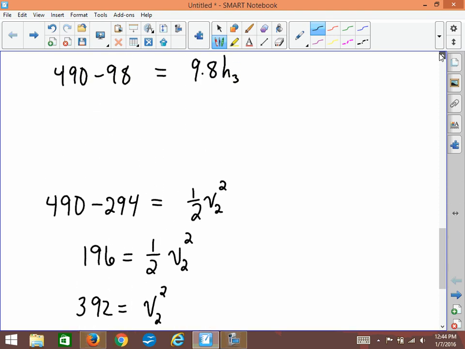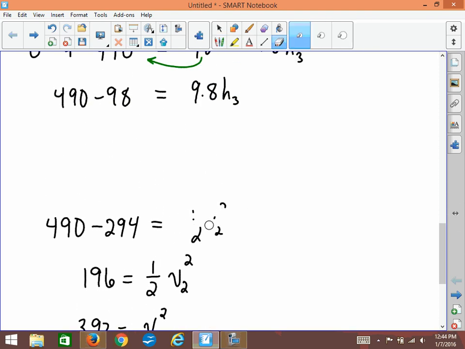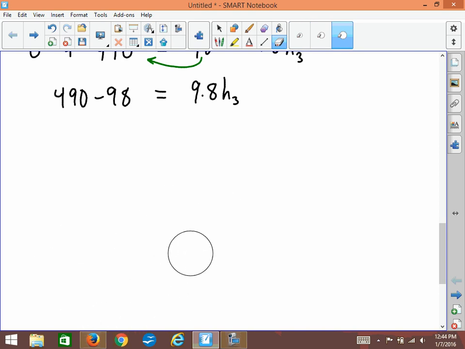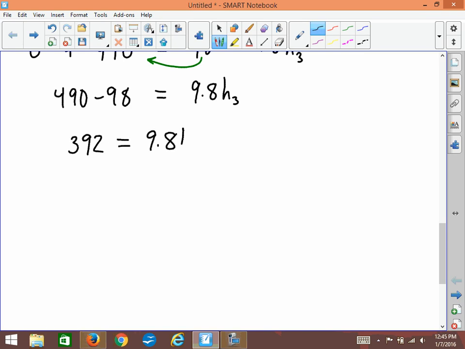I got to keep erasing all this other stuff from before. We don't want that to confuse us. Okay, so 490, take away 98 is 392, equals 9.8 times H3. Now we're going to divide both sides of the equation by 9.8.